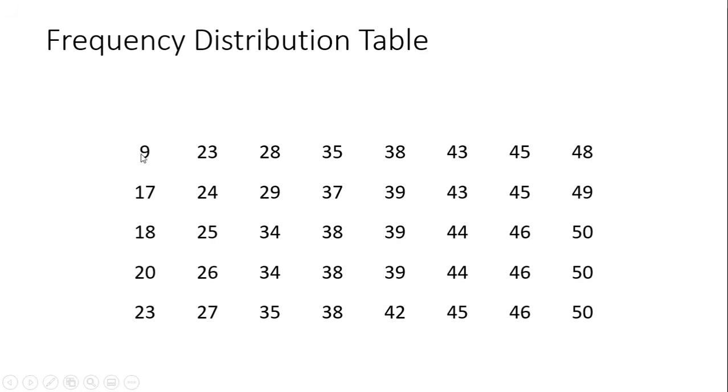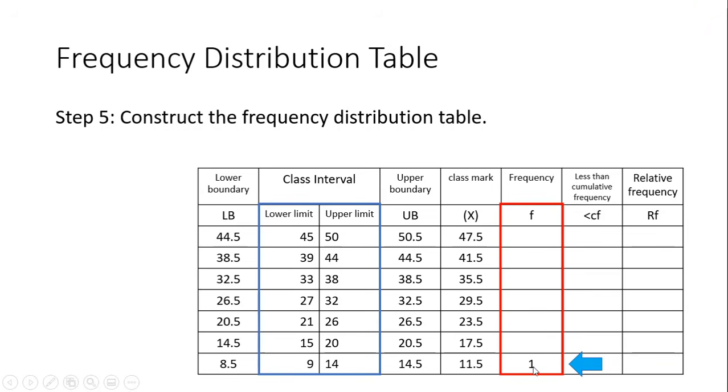So we have 9. Okay, 17 is already beyond 14. So meaning we only have 1. So we will place frequency which is 1.